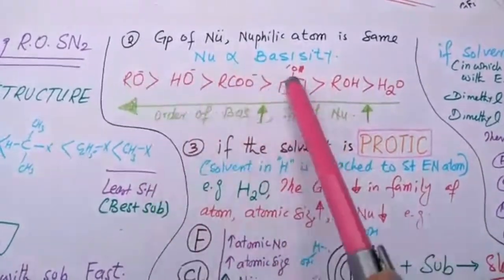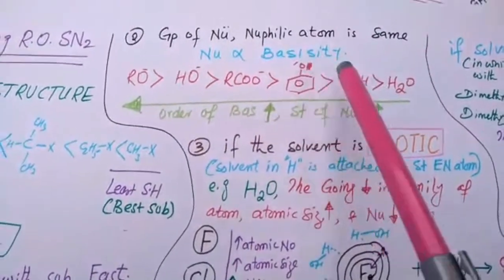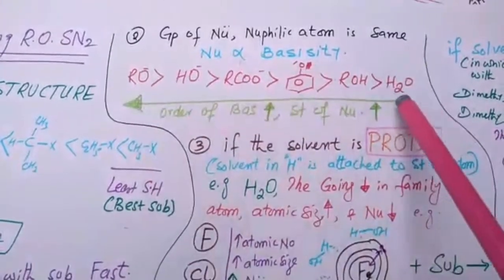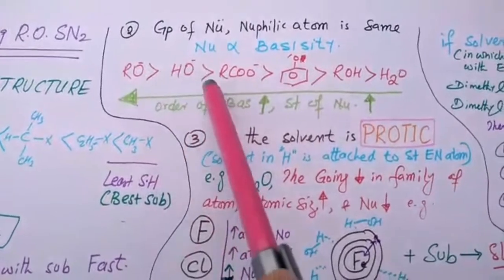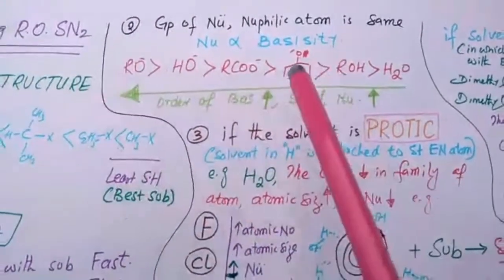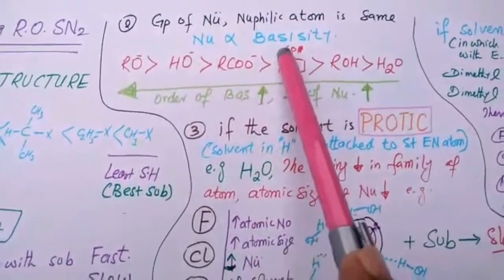So in such a group of nucleophiles, as the basicity increases, the nucleophilicity increases, but don't correlate nucleophilicity with basicity anywhere. There is no general rule about nucleophilicity and basicity.